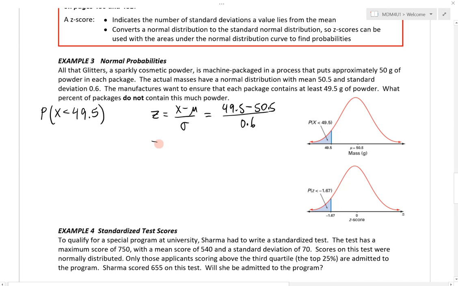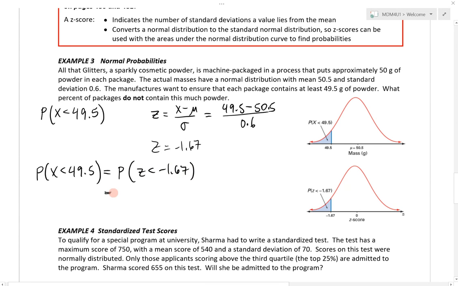So z is equal to negative 1.67. Essentially, this takes our problem, the probability of x being less than 49.5, and you can rewrite the standardized equivalent of that as the probability of z being less than negative 1.67.